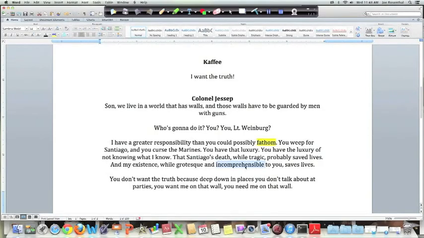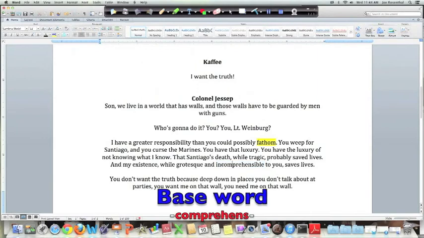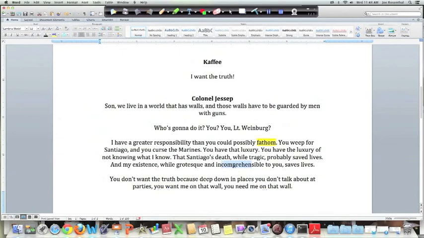incomprehensible is another word that maybe you don't know when you come across it. And we could go ahead and break this word down. For example, look at the base word, the part of the word that I know, comprehend. Maybe you know that comprehend means understand. Oh, okay, well, if it means understand, well, ible, we just went over ible.